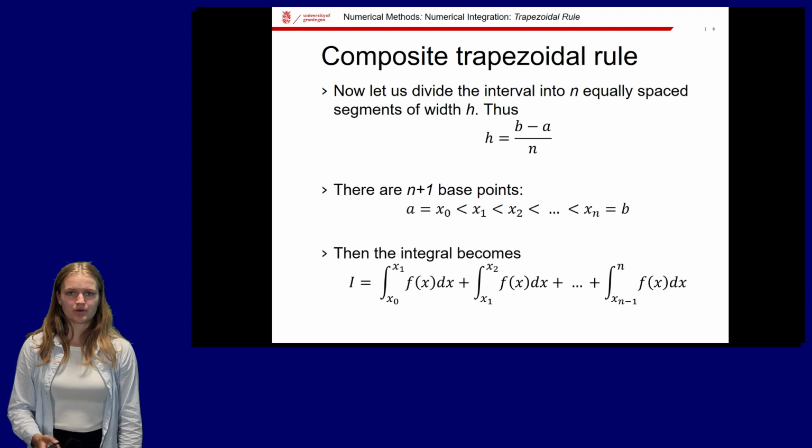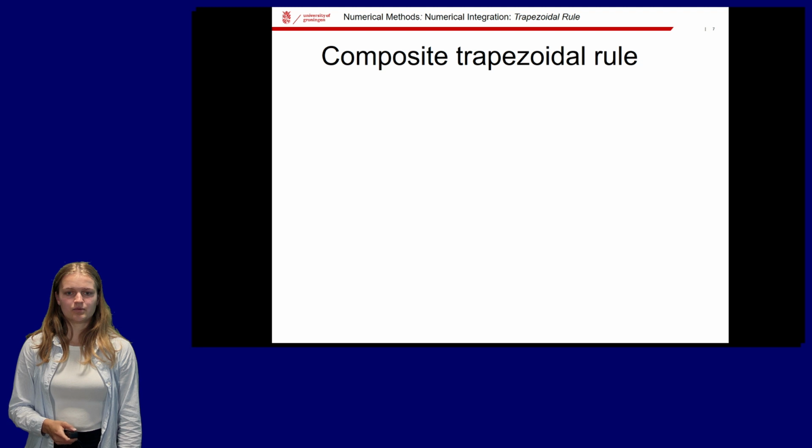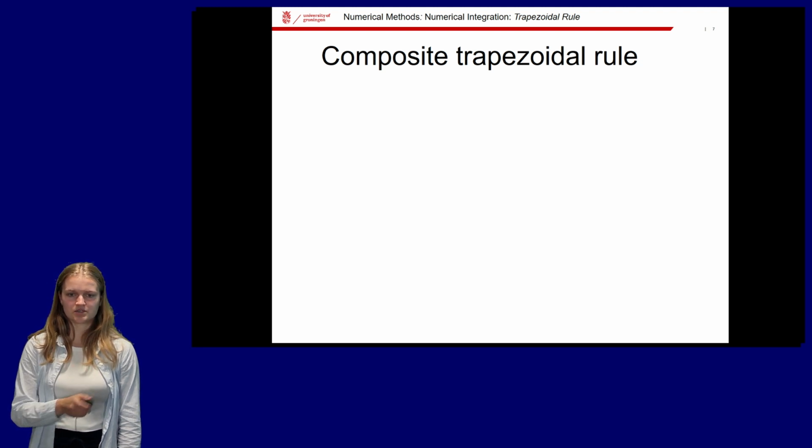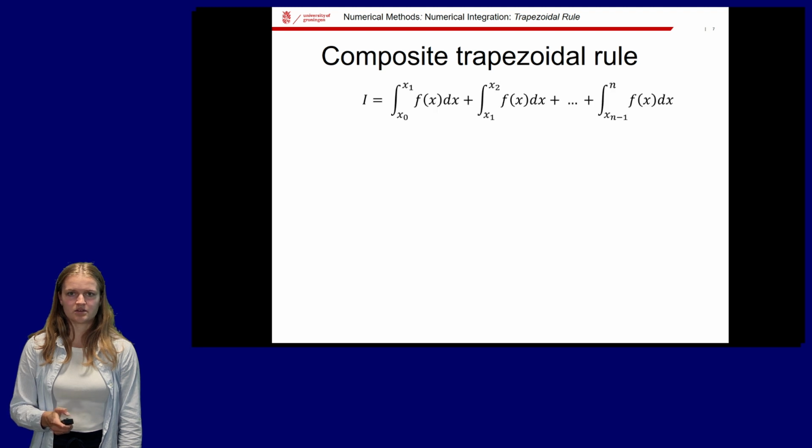So then we can rewrite the integral to be the summation of the integral of each of these segments. And then we will substitute the trapezoidal rule for each of these integrals that we had in this last expression.